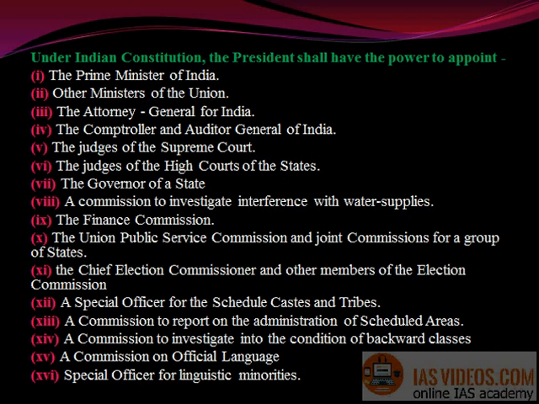a special officer for the scheduled castes and tribes, a commission to report on the administration of scheduled areas, a commission to investigate the condition of backward classes, a commission on official language, a special officer for linguistic minorities.